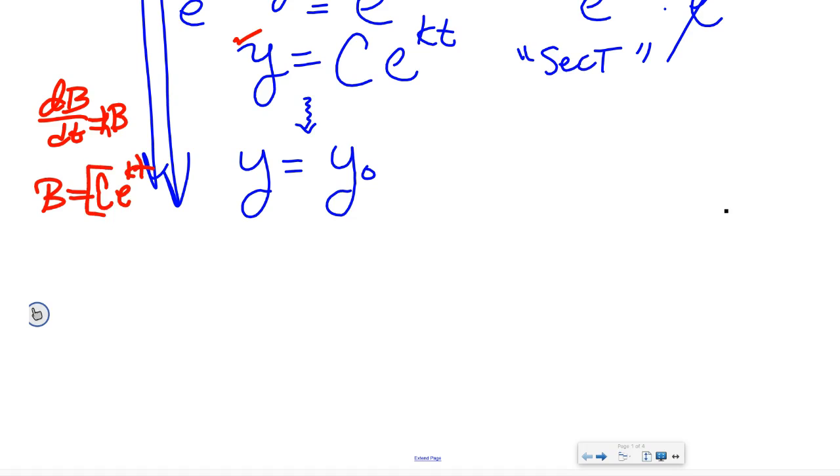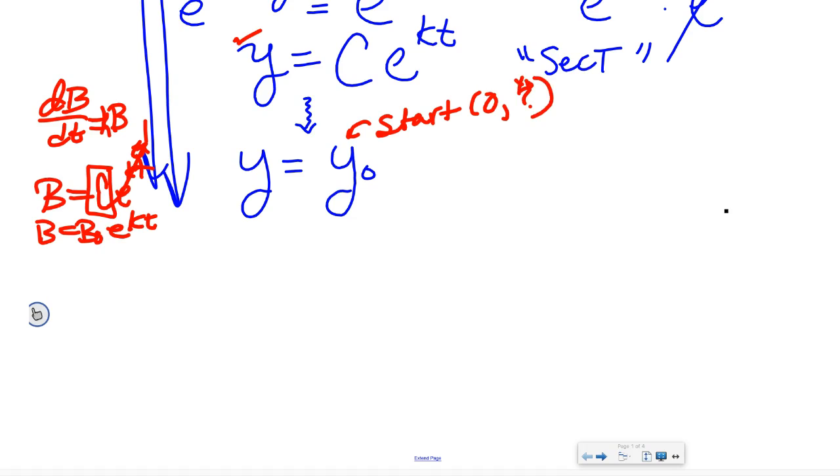But this is the amount of bacteria present initially, because when you put in a 0, this goes to 1. So whatever they say was there at the start, I want you to point at that and write start, or at time 0, comma, and we call that y sub 0 or y of 0.